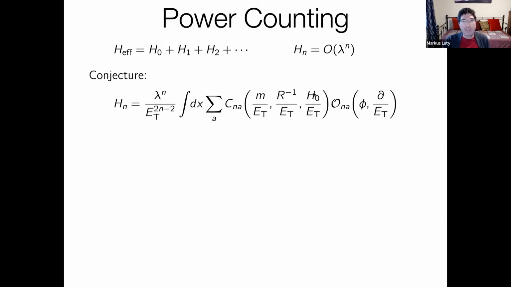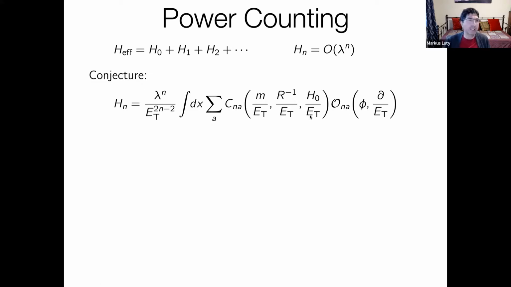It's very, very non-local. It's also Hermitian, by the way, because H naught is to the left of O, and I really mean that. There's an equal sign here, okay? I really mean it. And so this is non-local, but it's controlled in an expansion in powers of 1 over ET. That's the crucial point, okay?